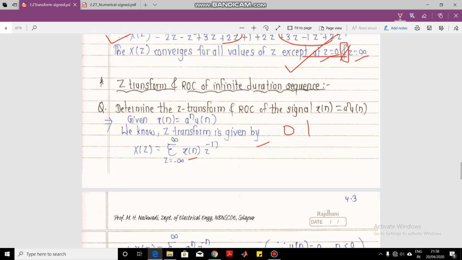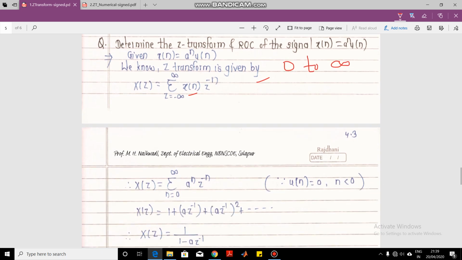So from minus infinity to 0, the multiplication will be 0, since u of n is not present there. Hence the limit of this summation will now change from n equal to 0 to infinity.